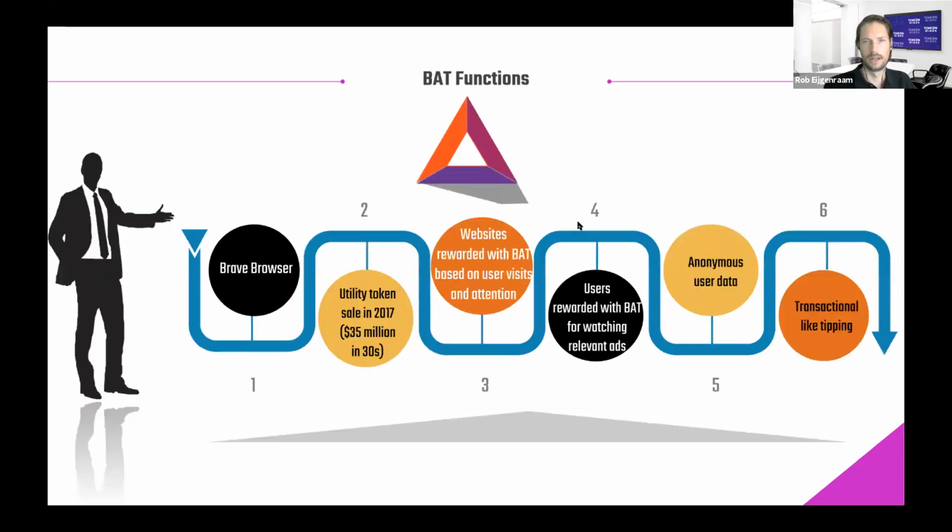Then a very famous one is BAT, the Basic Attention Token, by the Brave browser, which is a web browser that rewards people for watching certain advertisements or creating certain content.